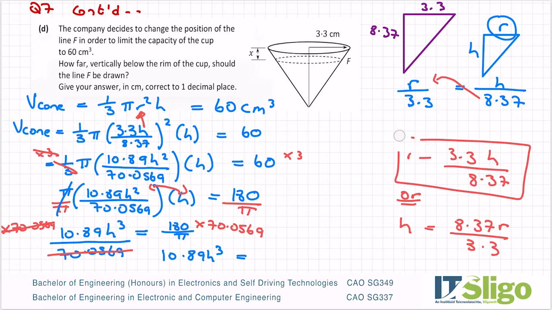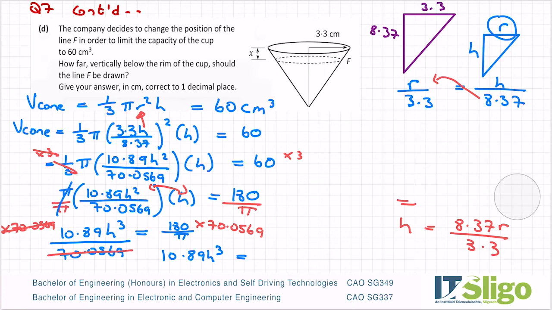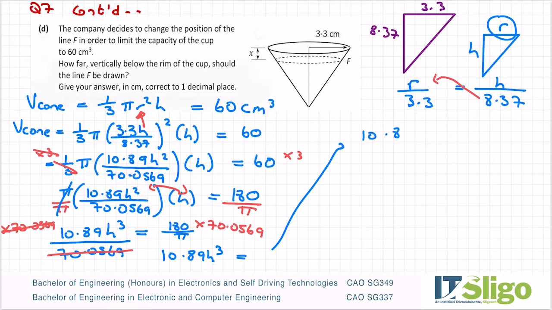Okay, if it's okay with you, I'm just going to get rid of this from this side. It's in the recording anyway. So that I get 10.89 h cubed being equal to 4013.9646.